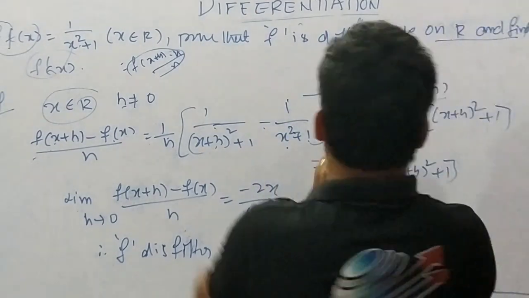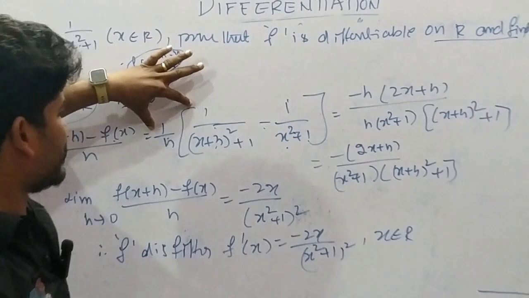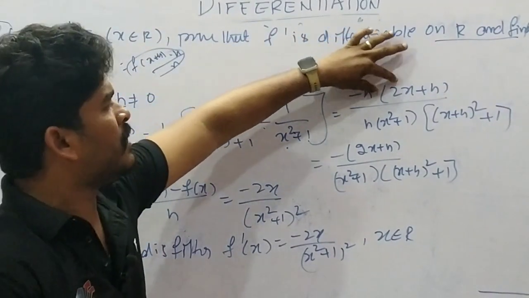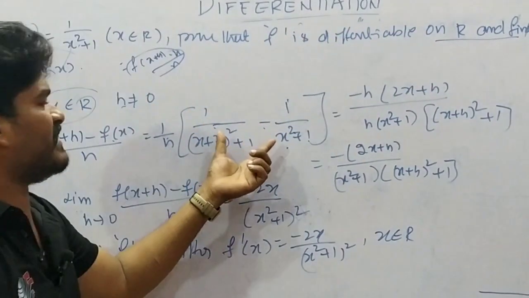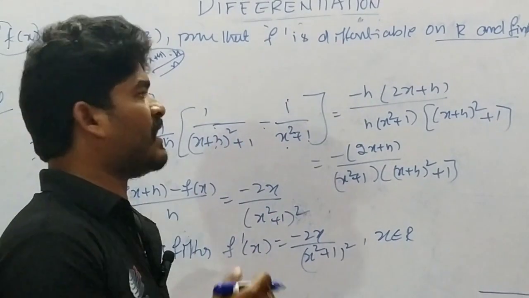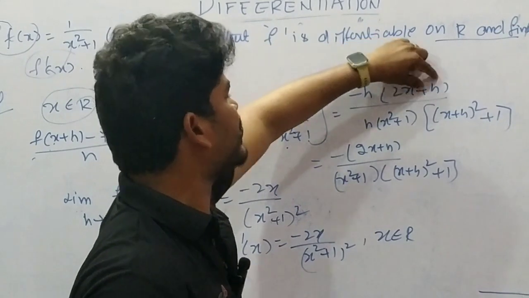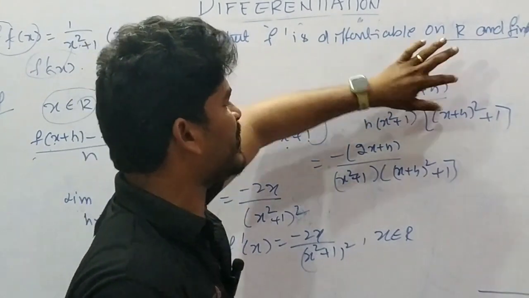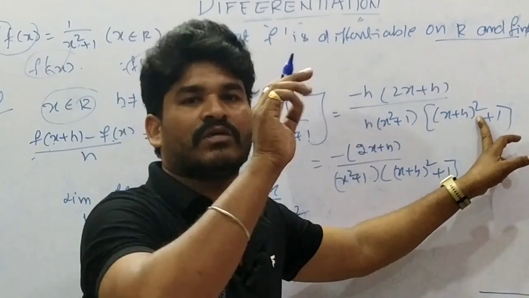Understand? In the same way, from this equation we get minus h into 2x plus h. Whenever we take the LCM, we get h as common in the numerator. So minus h into 2x plus h divided by h into x squared plus 1 into (x plus h) whole squared plus 1.